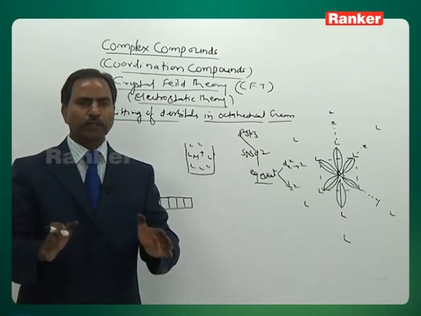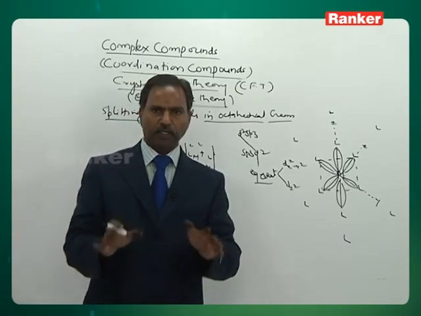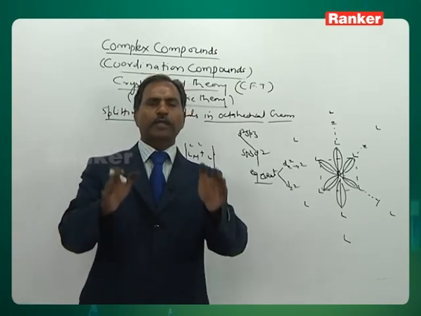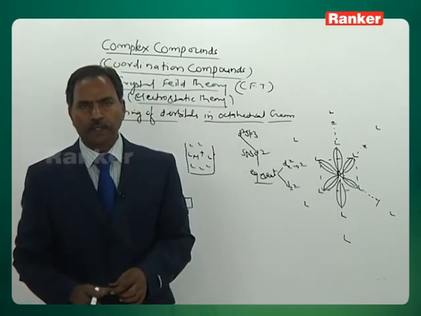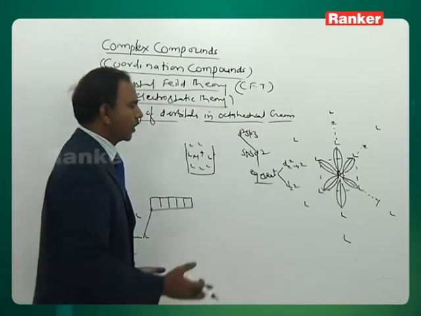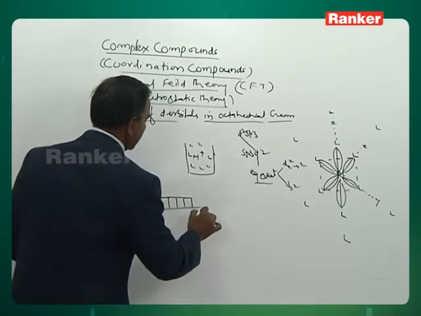Ligands are approaching the same along the x, y and z axis. The orbitals which are oriented along the x, y and z axis are experiencing greater repulsion, so their energy is increased. So what you can write now, the eg set of orbitals are increasing their energy.